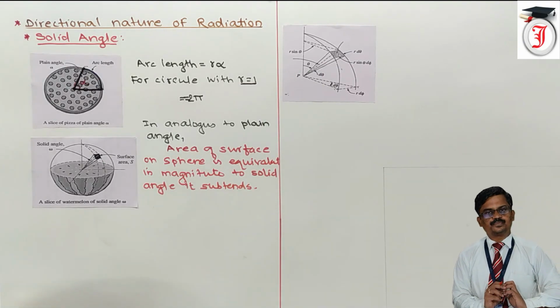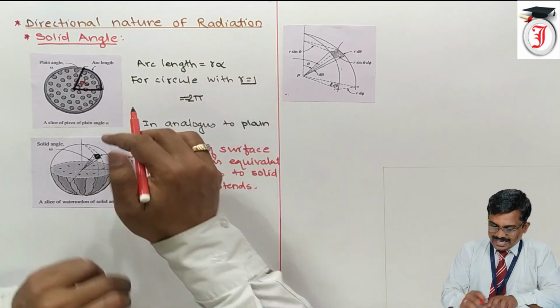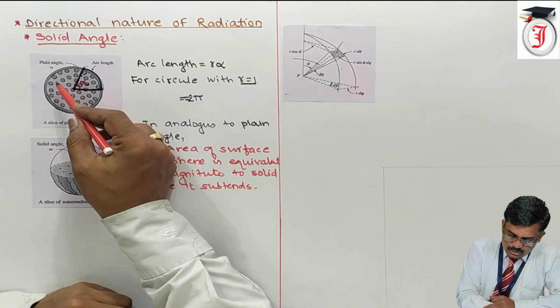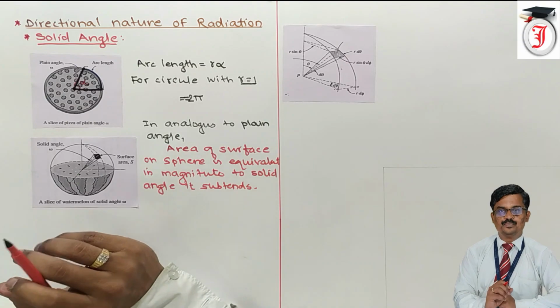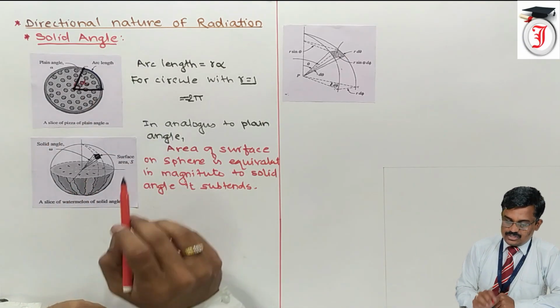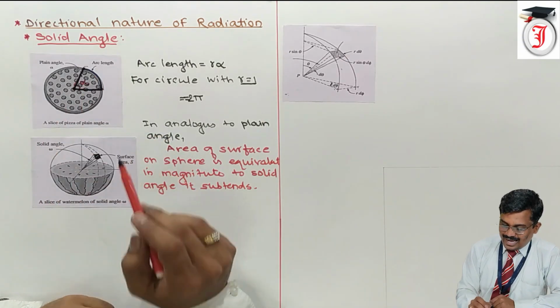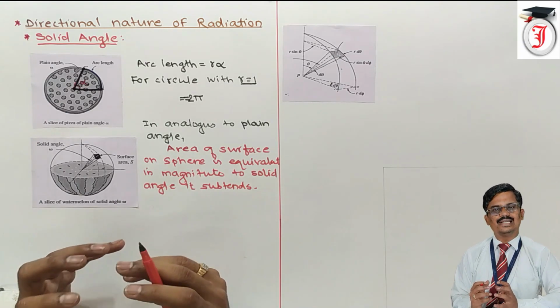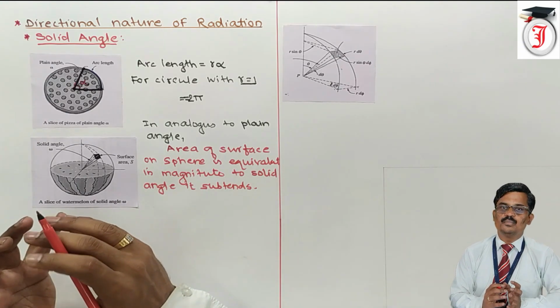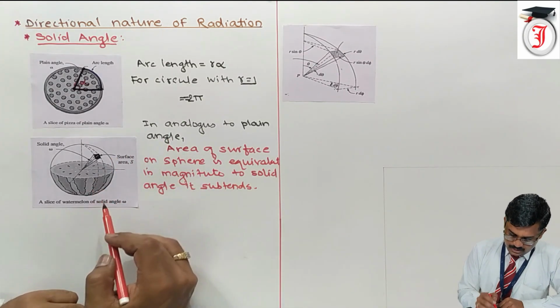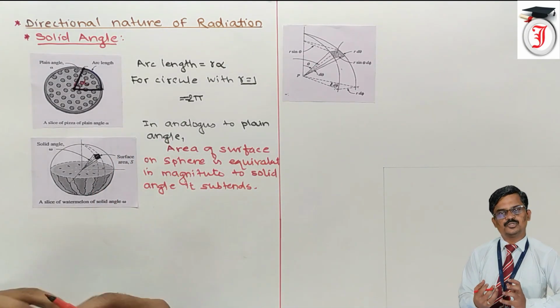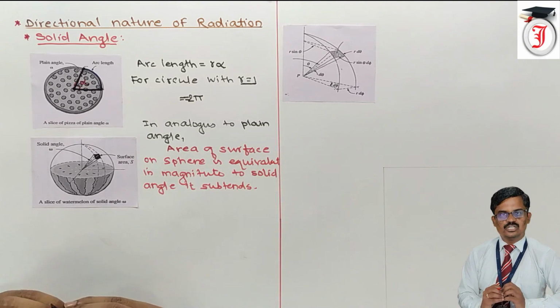In the case of a slice of a pizza, this is a two-dimensional quantity, so we consider the arc length. Arc length is equivalent in magnitude to the plane angle. Whereas in the case of a sphere, it is three-dimensional geometry.